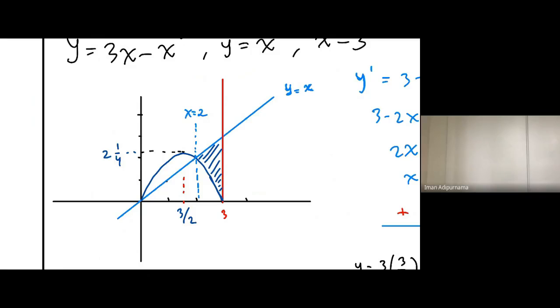Now we have this curve, this line, and this line. Now the question is, what is the area between the three curves? Sometimes I've seen in the exam, the students will answer, oh, here and here.